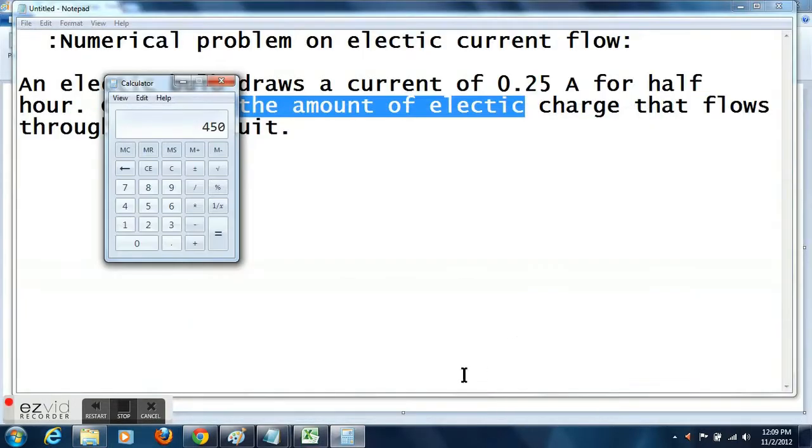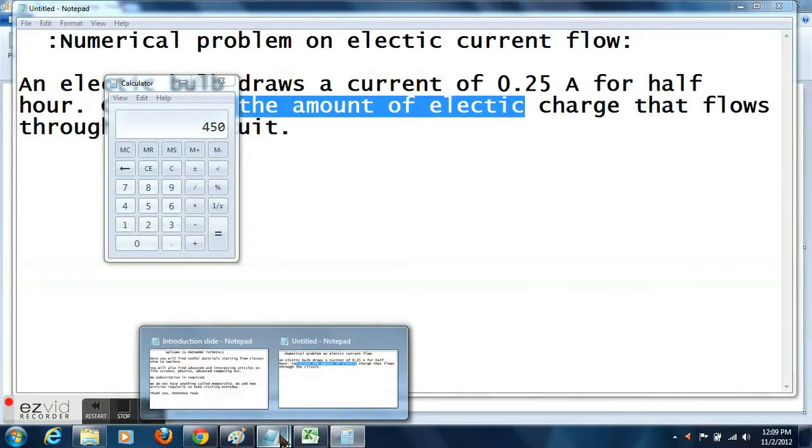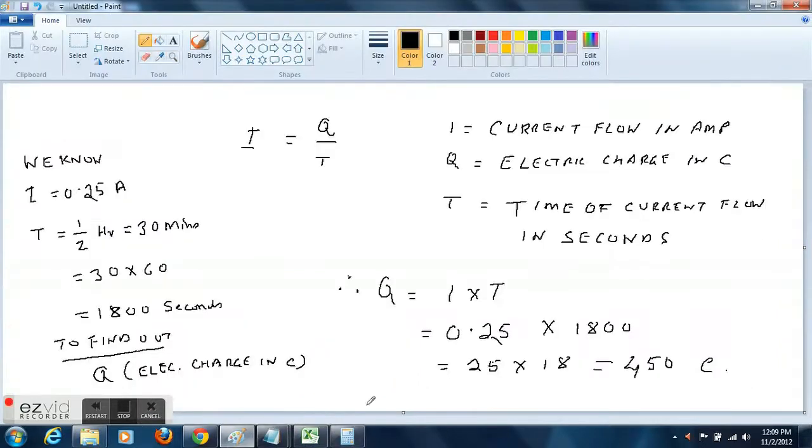Therefore, the amount of electric charge equal to 450 coulombs. 450 coulombs.